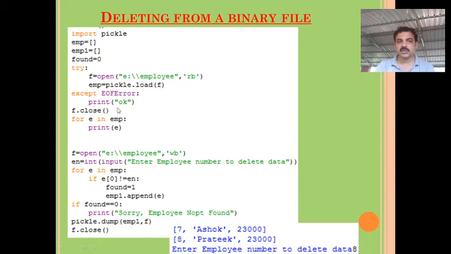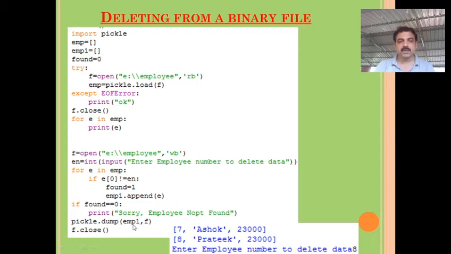EMP1. So the original list EMP, now we are transferring to EMP1. Okay. So similarly, the next record, if it is not matching, that will be transferred to EMP1. Whichever is matching, except that, all other records will be transferred to EMP1. Then, if the employee data is not found, then it displays that. After that, what we do is we just overwrite it. How to overwrite?